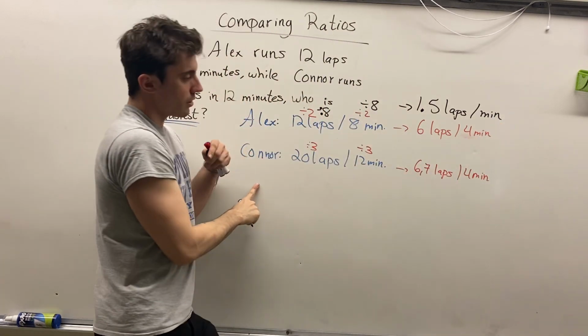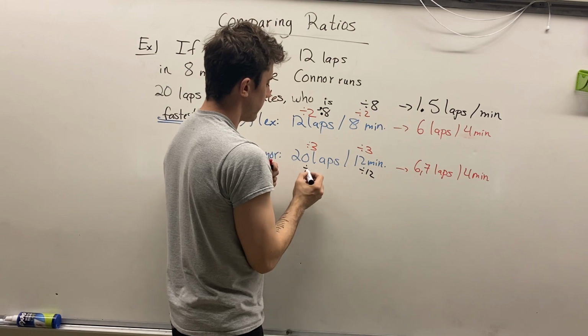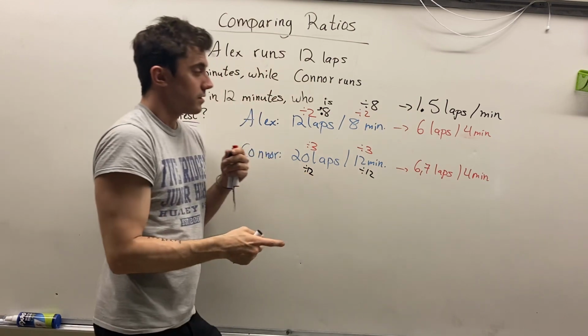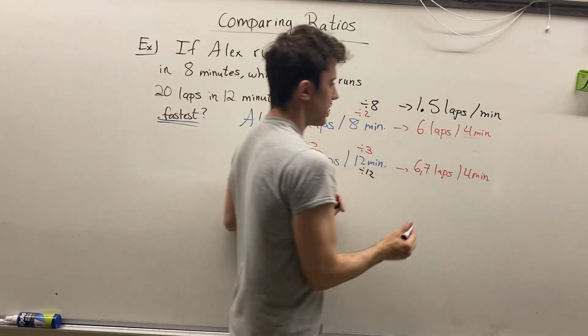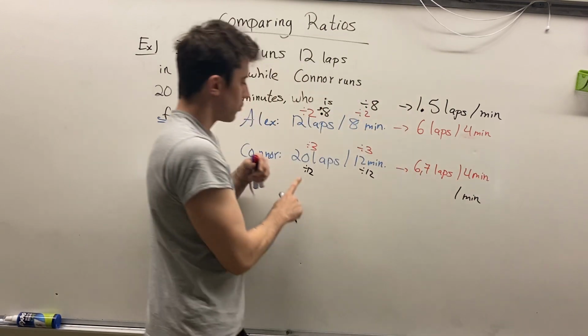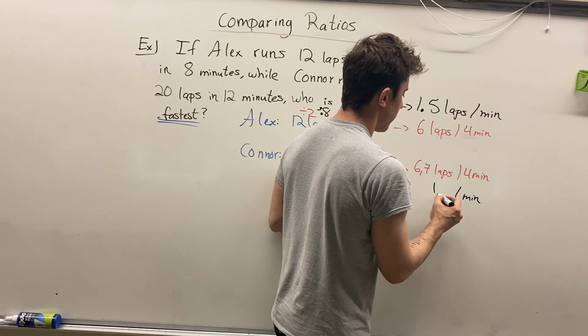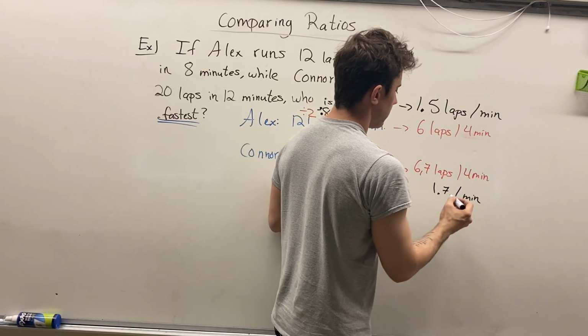If we had done the same with Connor, to get per minute, we're gonna have to divide by 12, and so dividing by 12 would also give us his rate per minute, and so now per minute, we would have 20 divided by 12, which is 1.7 laps.